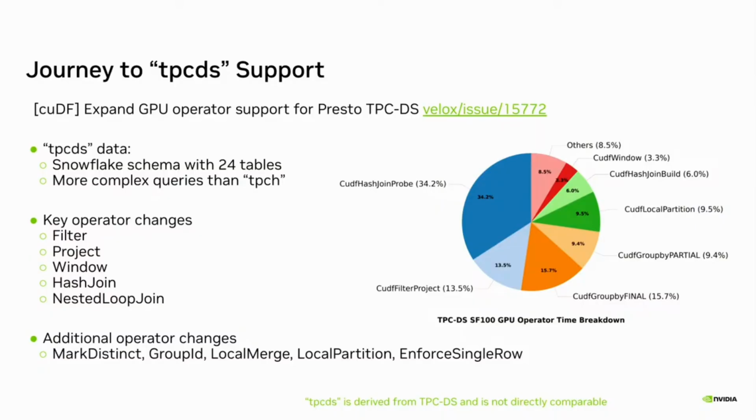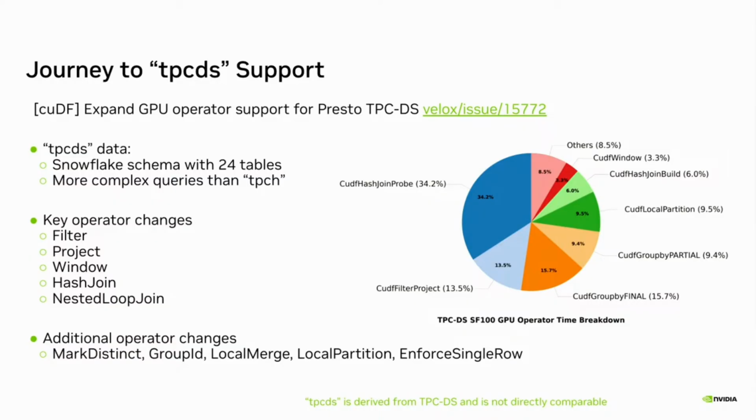To GPU accelerate TPC-DS, we have introduced new operators: window, nested loop join, and hash join operators. This progress has been incredible, and we thank our contributors at IBM for helping us make this progress.